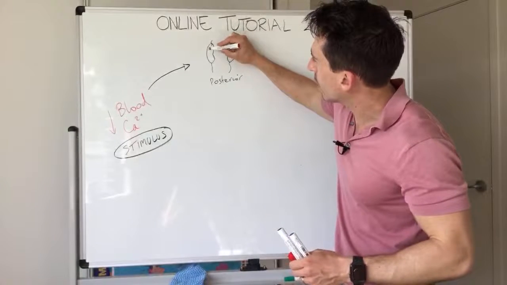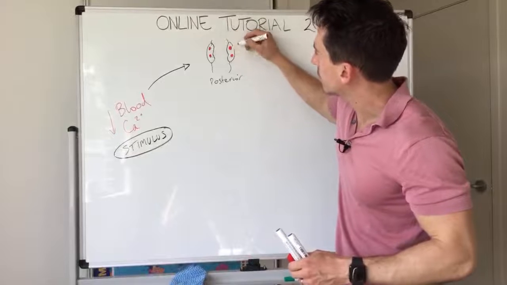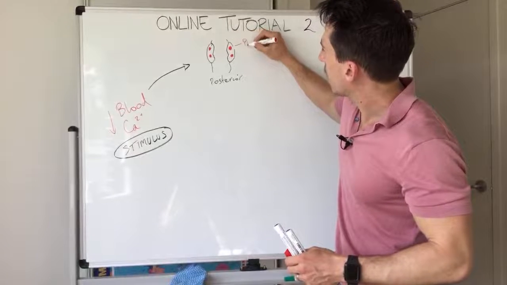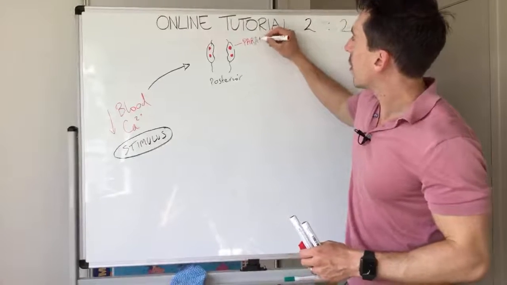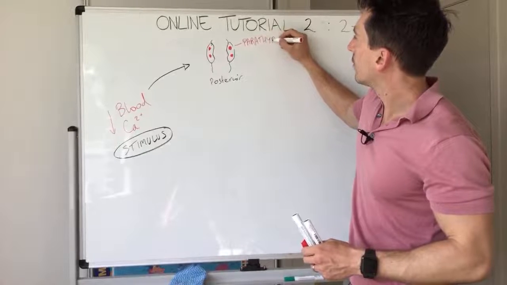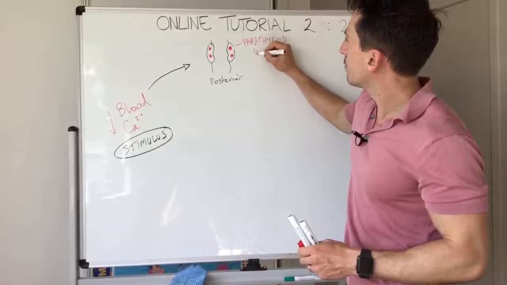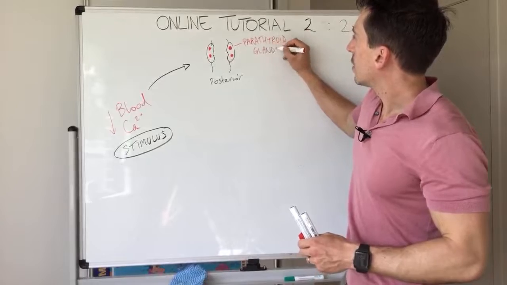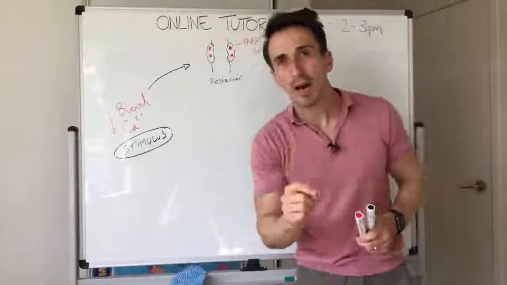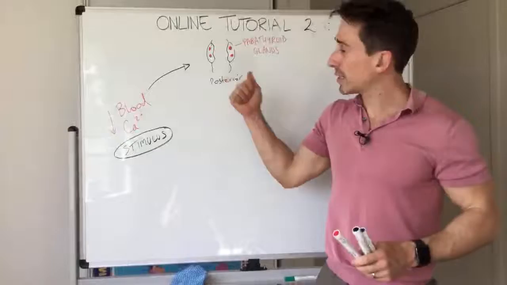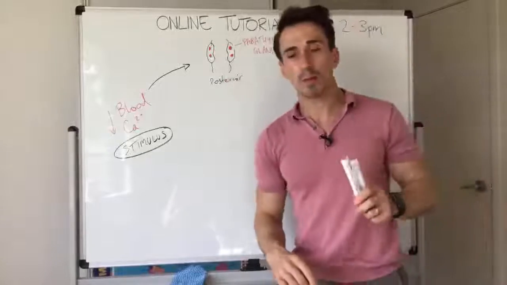Yeah, between 4 to 8 parathyroid glands. So they're going to pick up the stimulus. They have receptors, pick up the stimulus, drop in blood calcium.